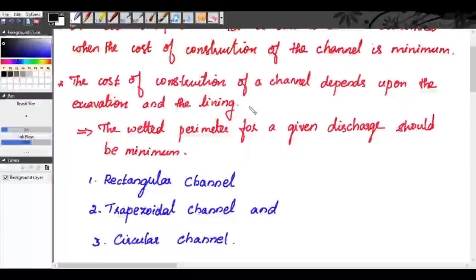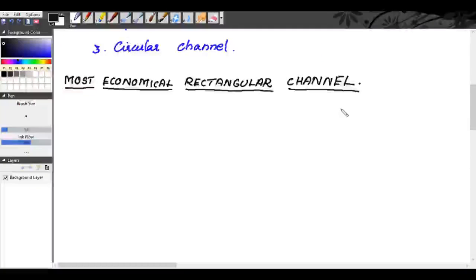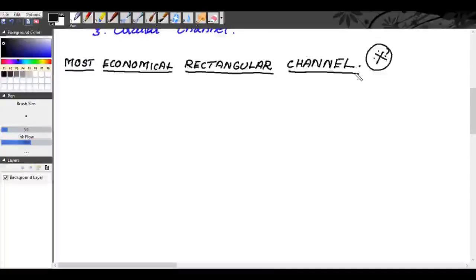If the channel is of rectangular cross section, what should be the dimensions and what should be the hydraulic mean depth? What are the conditions so that the open channel flow, when the section of the channel is a rectangle, will be economical? Okay, so the first case is the most economical rectangular channel, very important from your examination point of view.